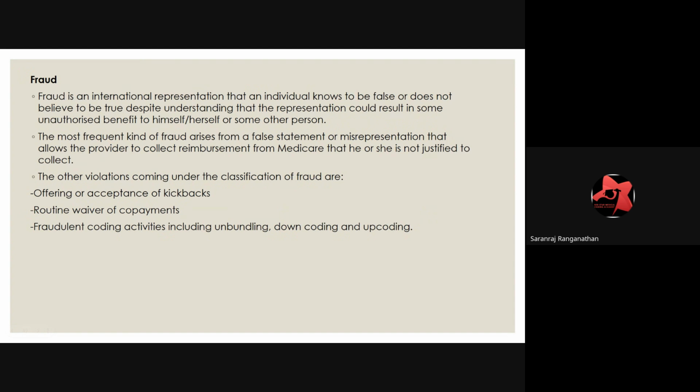Other violations classified as fraud are offering or accepting kickbacks, routine waiver of co-payments, and fraudulent coding activities including unbundling, downcoding, and upcoding. This is very important for the coders.